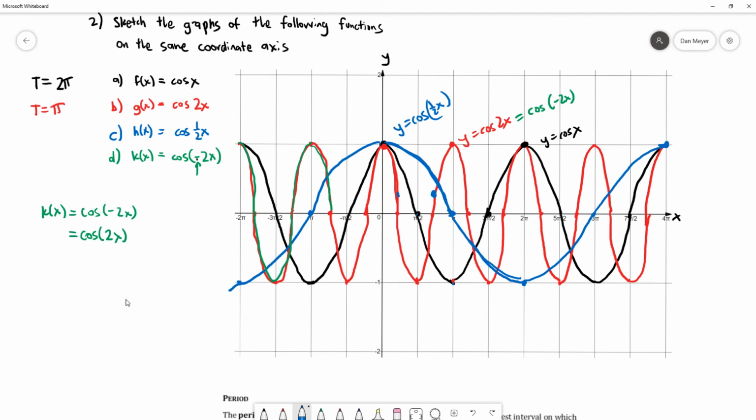So the period for h of x would be 4 pi. And for cosine of negative 2x, remember that was the same as the graph of cosine of 2x. The period there would also be pi. Those two graphs were the same graph, so they're going to have the same period, the same amplitude, the same just about everything.